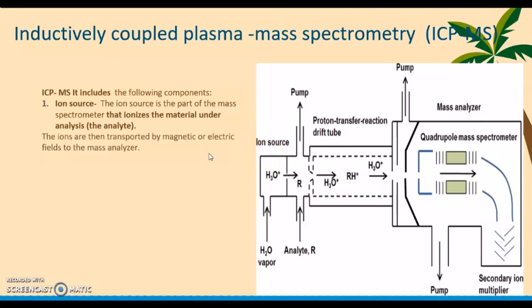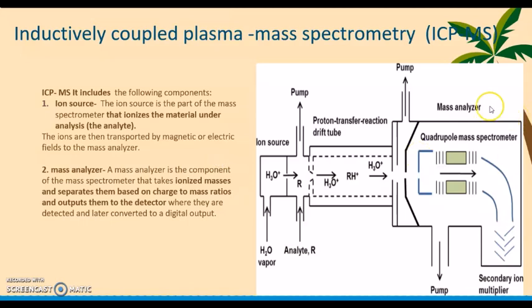The ions are then transported by the magnetic or the electric field, which is the mass analyzer. So, ito yung mass analyzer natin. The mass analyzer is the component of the mass spectrometer that takes the ionized masses and separates them. Yan, pinaghihiwalay po sila according to their charge to mass ratio and outputs them to the detector, which is our third important component.